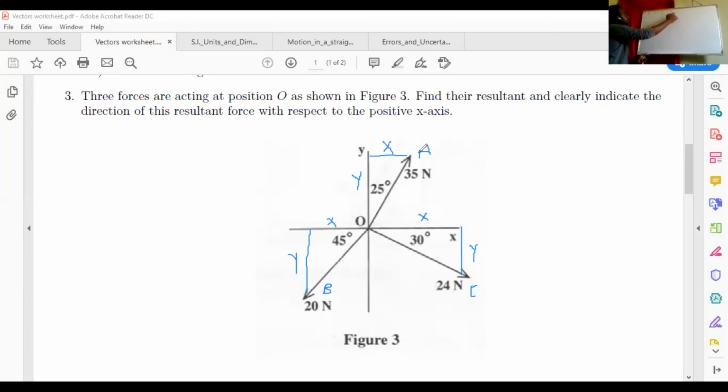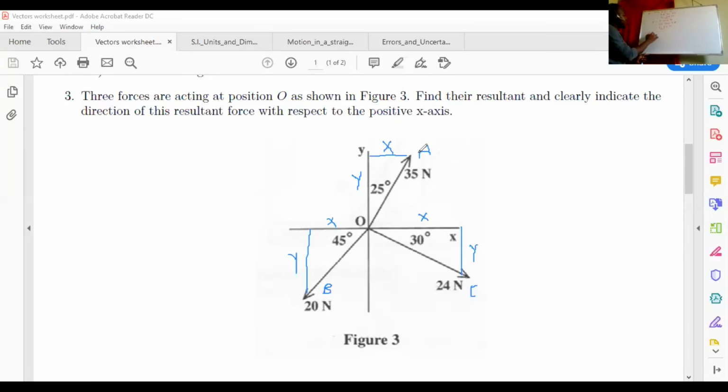That's what I got. Okay. All right, so we have that. And then for your y component, it would be F cos theta, 35 cos 25, and we get 31.72 newtons. All right, and we know that y is going up, so that's positive. X is going to the right, so that's also positive. All right, so that's for A.